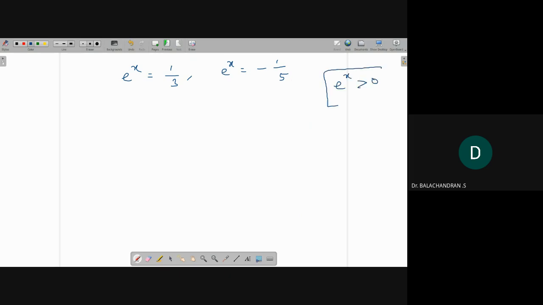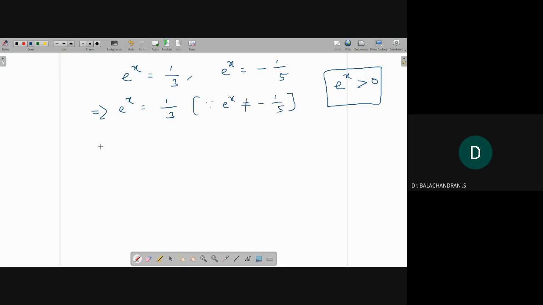So that's why this value is not possible. So this implies e power x is equal to 1 by 3, since e power x is not equal to minus 1 by 5.